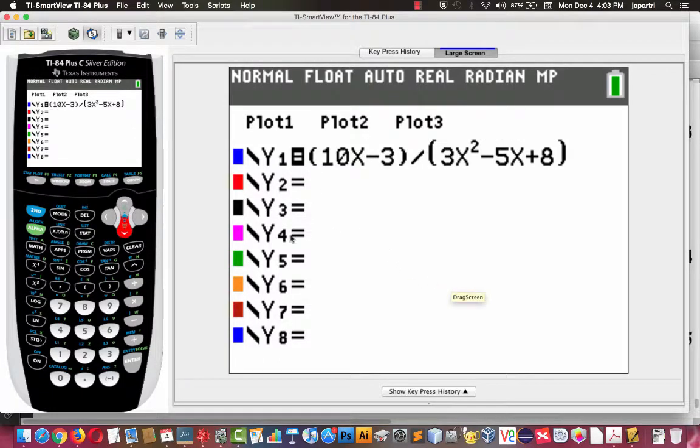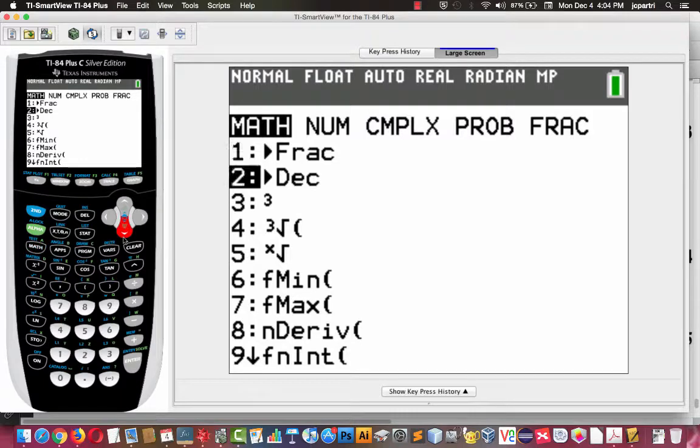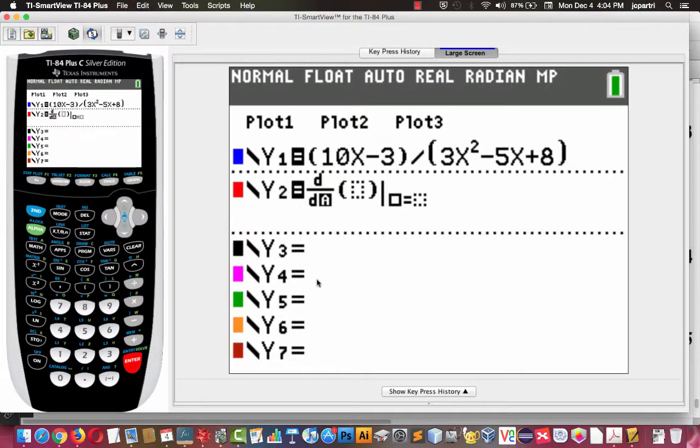Here's what you do. You're going to use the derivative feature in your calculator. So you hit the math key, you go down to nDeriv, which stands for numerical derivative, okay? And now this is important. You want the output to be a function of x. That's important.